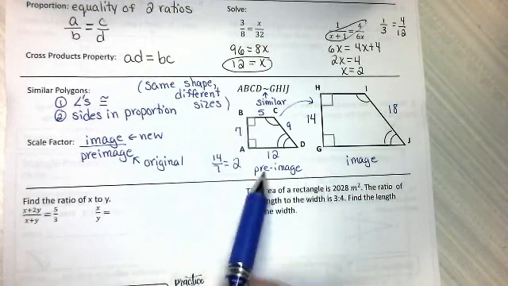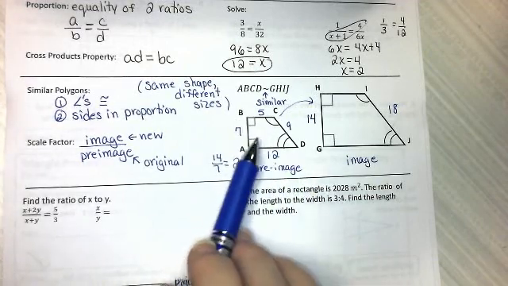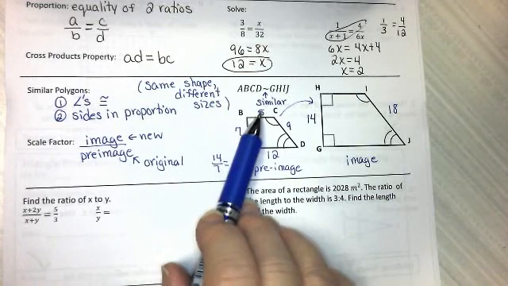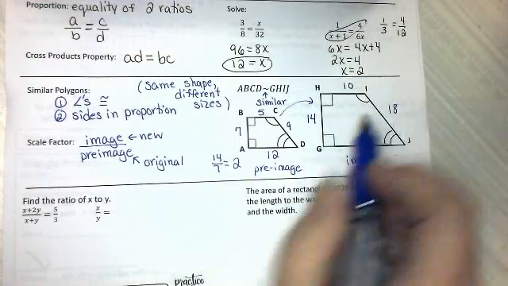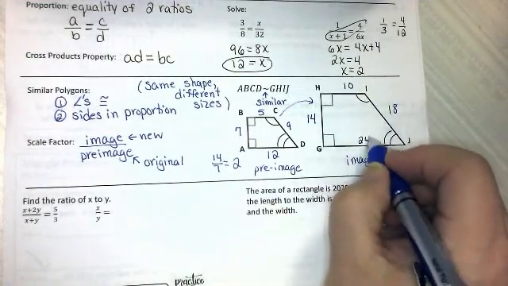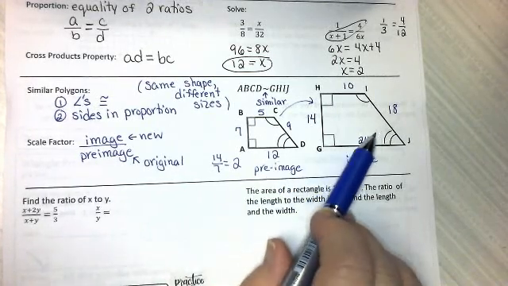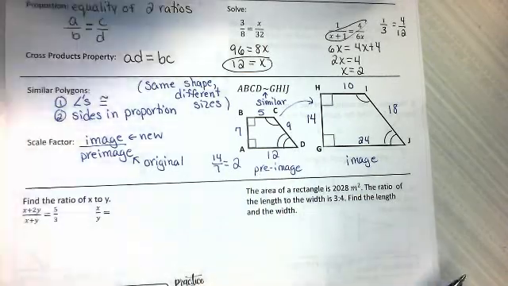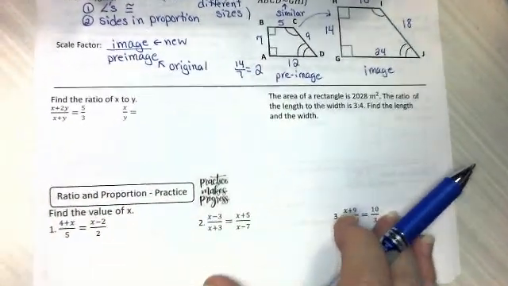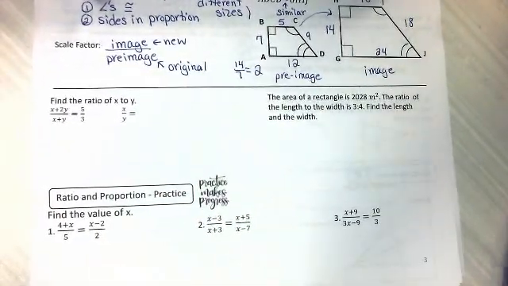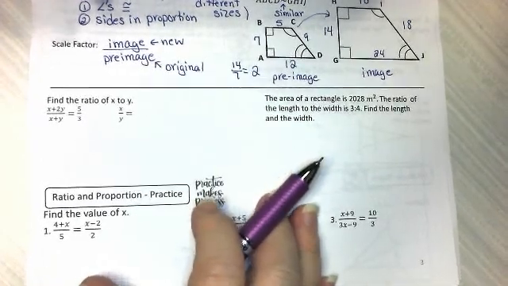Image to pre-image. And then I can find any missing pieces. If I know the scale factor is 2, then 5 times 2 is 10. 12 times 2 is 24. So my scale factor here was 2. Image to pre-image.